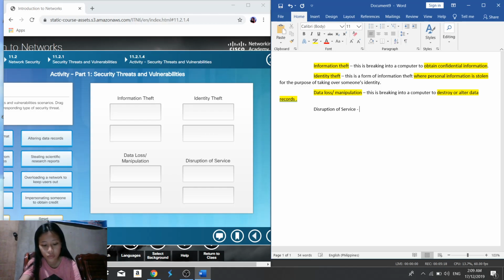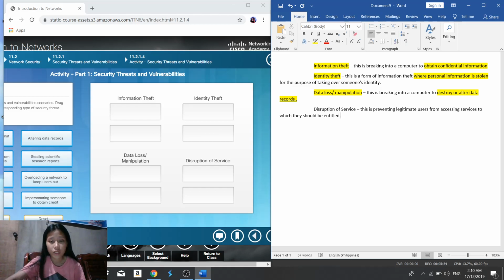This is preventing legitimate users from accessing services to which they should be entitled.